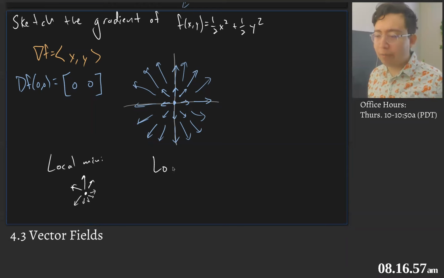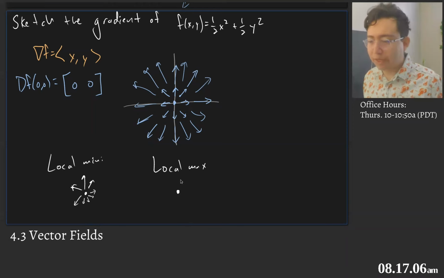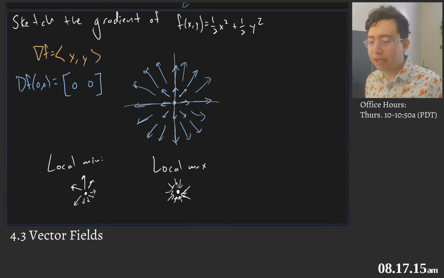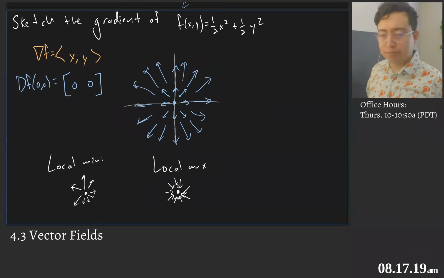And then for a local max, okay, you'd again have a point like this, but it would be increasing towards the point, right? The arrows describe the direction of greatest increase. And so it should be increasing as you get toward the point, because it should increase to the max. Okay.